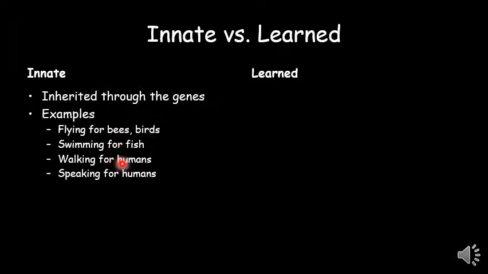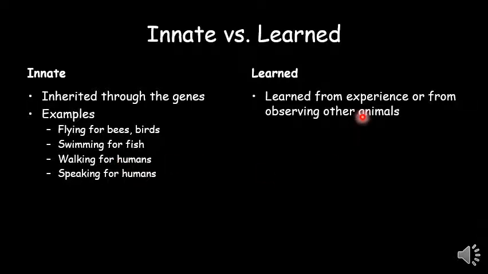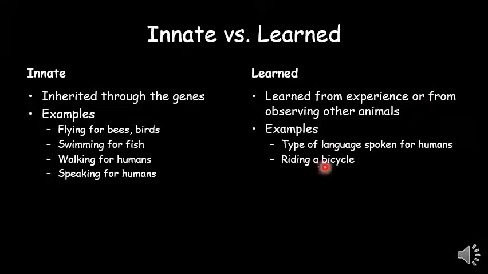Learned is something we can illustrate with humans: it is learned by experience, like observing other animals. For example, humans learn languages from other humans, and also learn riding a bicycle. These kinds of adaptations are called learned behavioral adaptations.